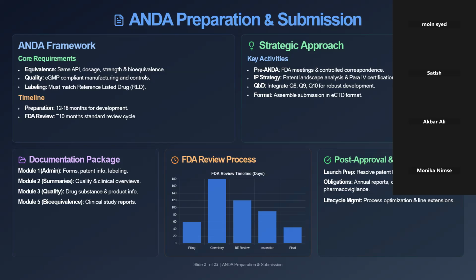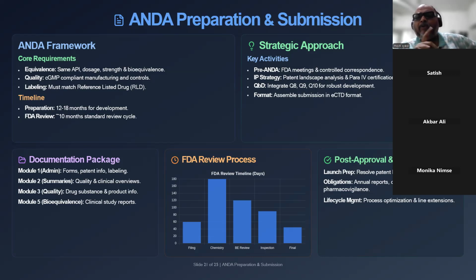In fact, I have a very classical example where we were developing levothyroxine tablets. A levothyroxine tablet has multiple strengths, starting right from 12.5 mcg and going to 300 mcg. So we were developing a common formulation for both the US market and the Europe market.